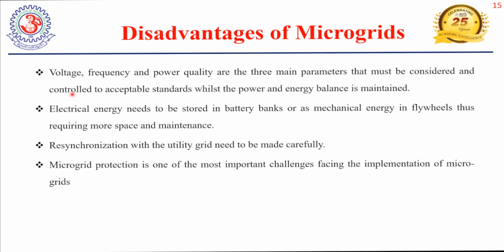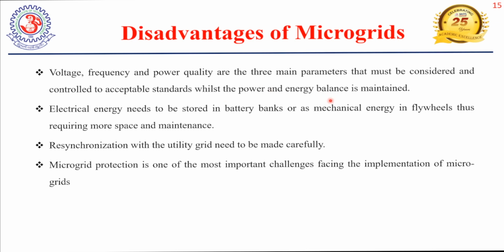The first challenge is that voltage, frequency and power quality are three main parameters that must be considered and controlled to an acceptable standard for power energy balance. That means to balance the system for synchronization, we have to balance all the voltage, frequency and power.